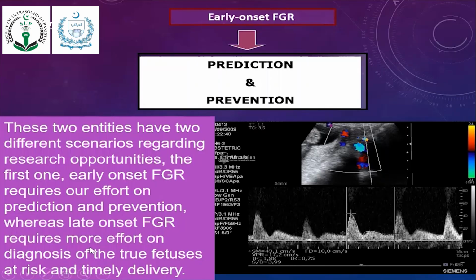In late onset, things are more dangerous and severe as we don't have much time to decide. If there is early onset, like in symmetrical IUGR, we will have enough time to make diagnosis, prediction, and prevention.